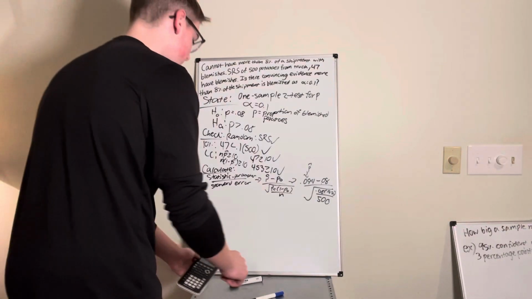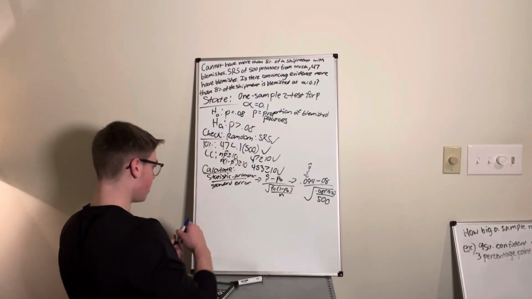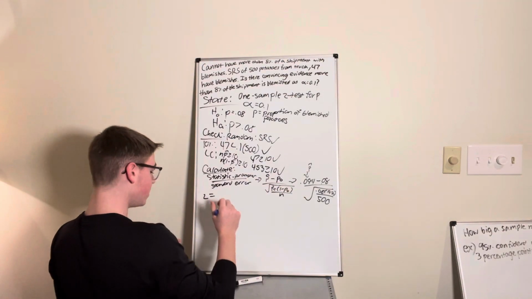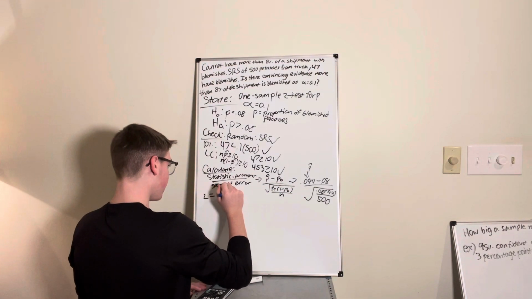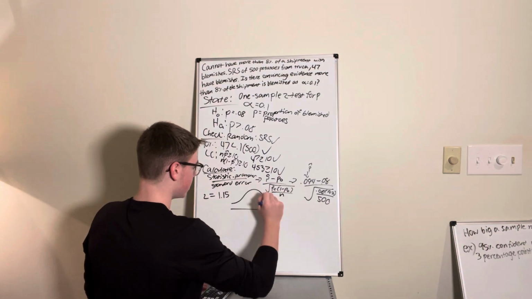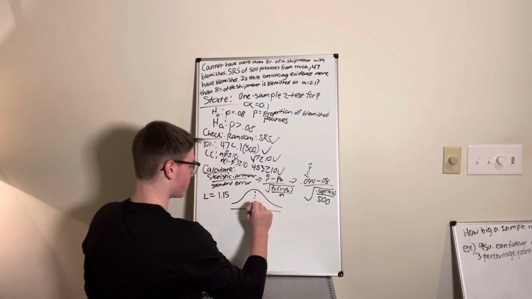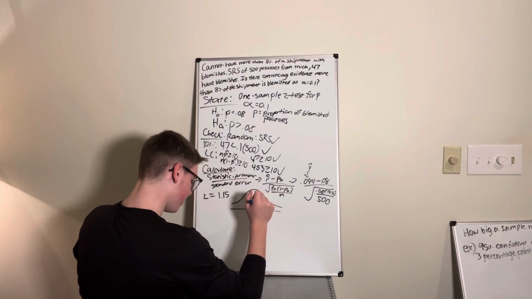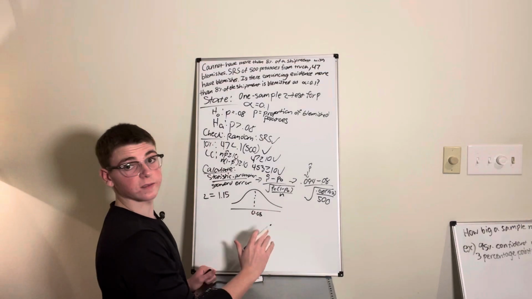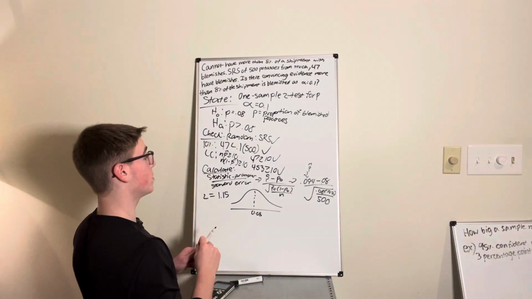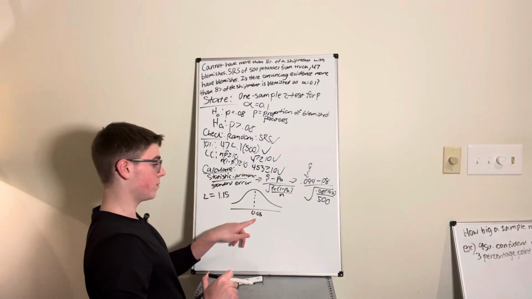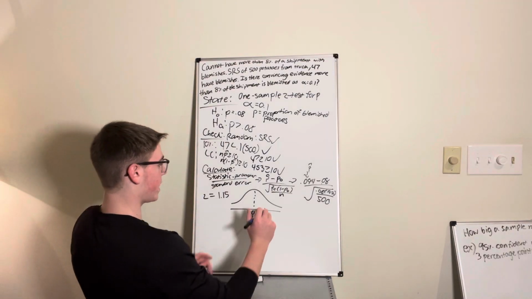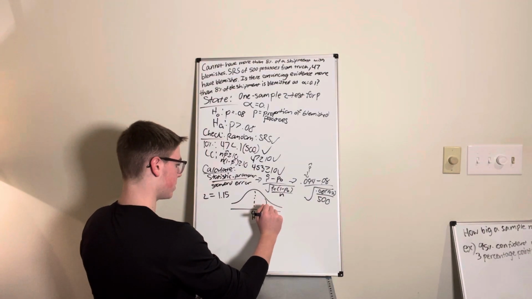Okay, so let's do this. So z, this is the formula for z-score. So we're given z equals 1.15, which if you think of a normal distribution, here's your center, and your center is really like 0.08. And then your z would be 1.15, which would mean you're 1.15 standard deviations away from the mean, the H-naught, which would be our parameter. And that point over there would actually be 0.094.